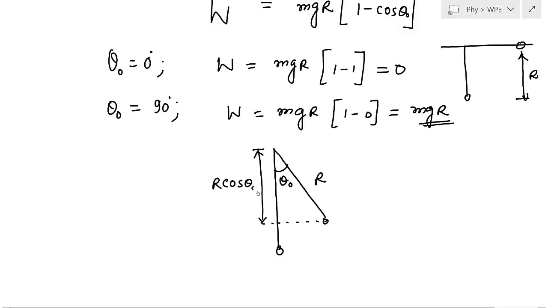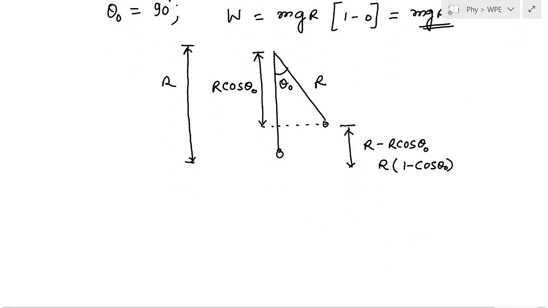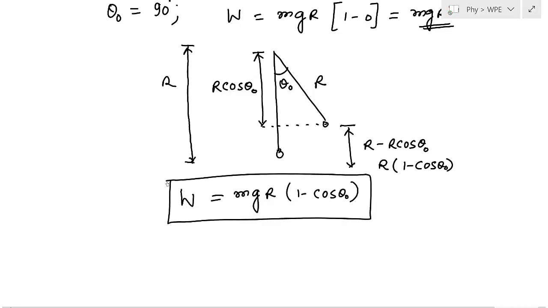You can calculate it yourself. This is r cos theta naught, and this height is basically r. So the change in height is r minus r cos theta naught, that is r times 1 minus cos theta naught. So basically the change in potential energy in this case will be mgr times 1 minus cos theta naught, which is the same as the work done that we calculated using the integral method.